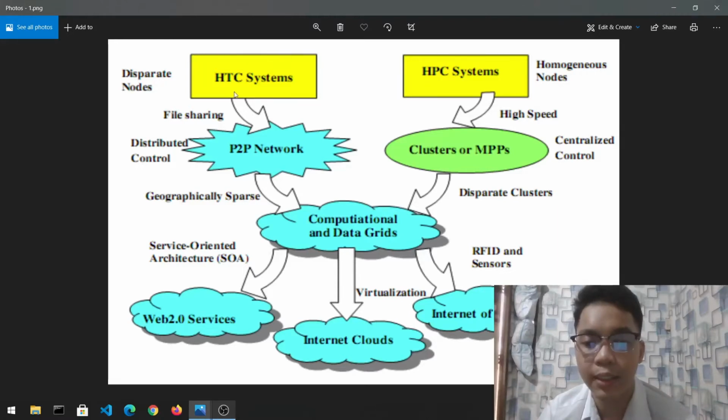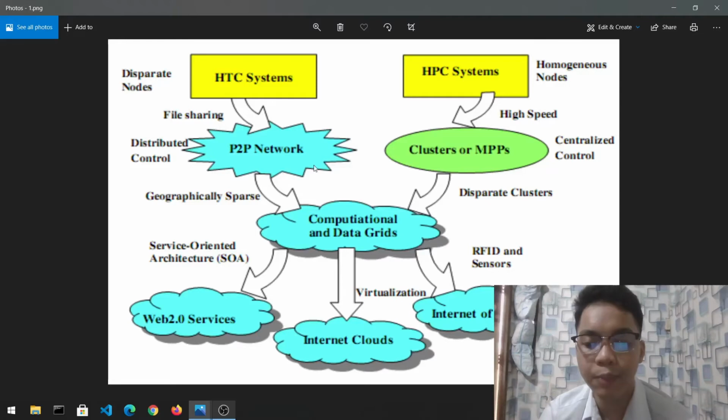HTC system side. Like I said earlier, the computers or systems on it process independently. So HTC is not homogeneous nodes. Rather, it is disparate nodes. The independent computers or systems are connected as a peer-to-peer network that shares files simultaneously. HTC uses distributed control, that is geographically sparse.